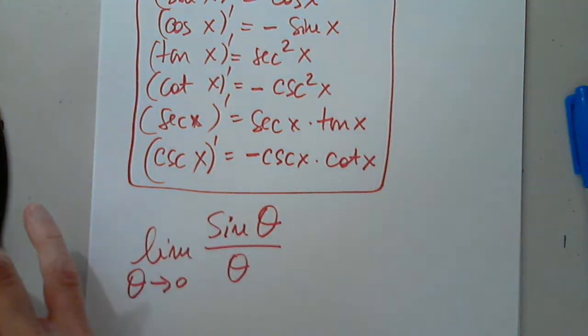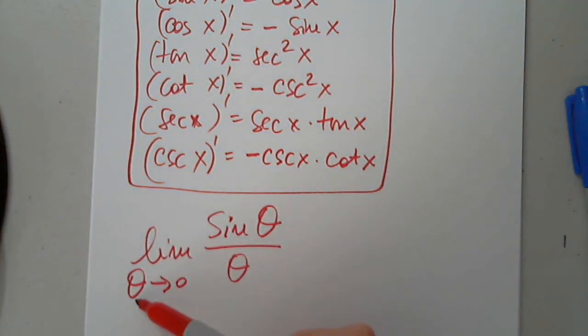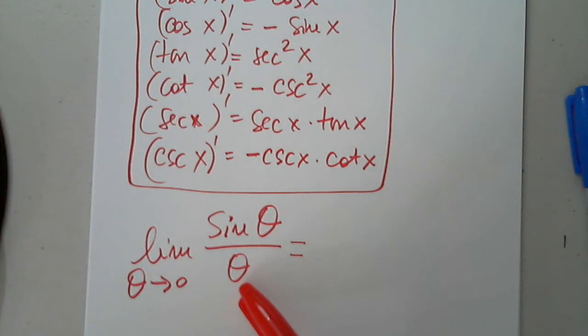So whenever we want to look at the limit as theta or x approaches 0 of sine theta over theta, can anyone tell us what is the initial assessment for this? How much is sine 0 over 0? That'd be 0. Very good.